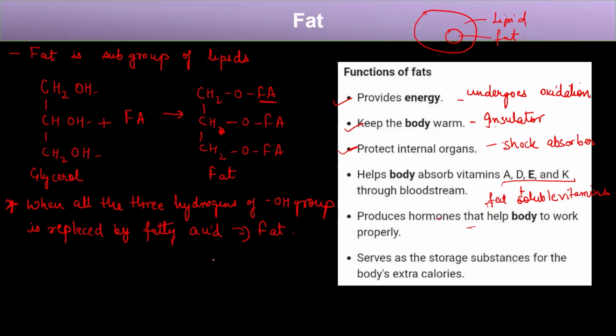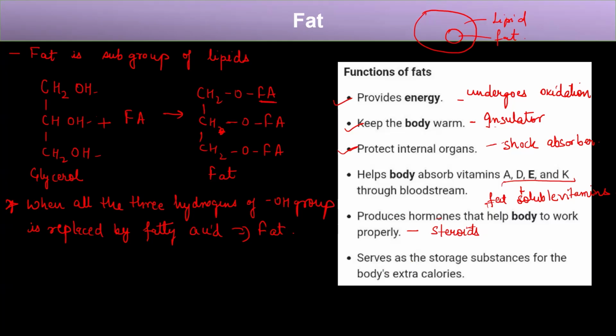Next, it also helps in the production of hormones that help the body work properly. These hormones are known as steroids. And it also acts as storage for the body's extra calories. So these are the various functions of fat.